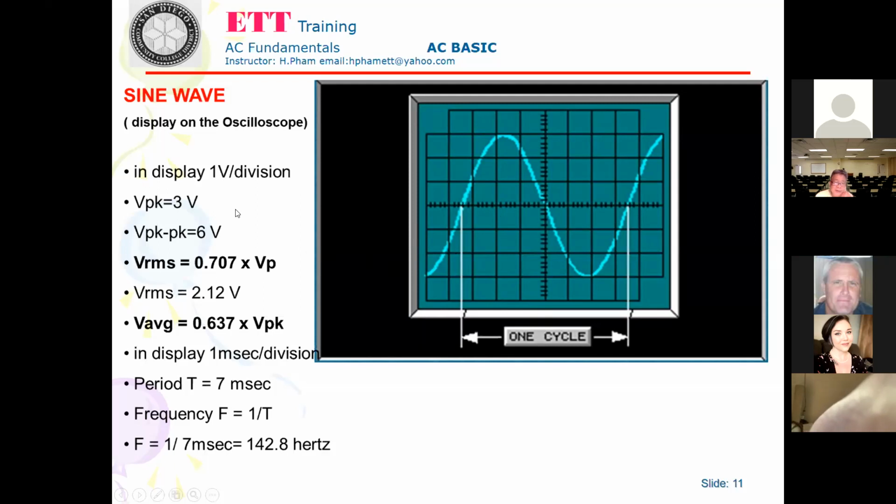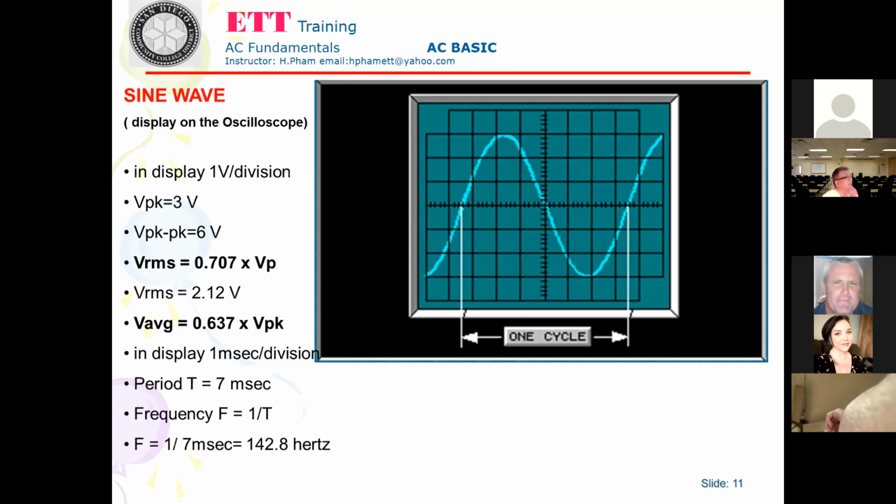Okay? Then you look at your oscilloscope, it displays 1 volt per division. So you take 1 times 6, then V peak to peak will be 6 volts. Any question how to get that?